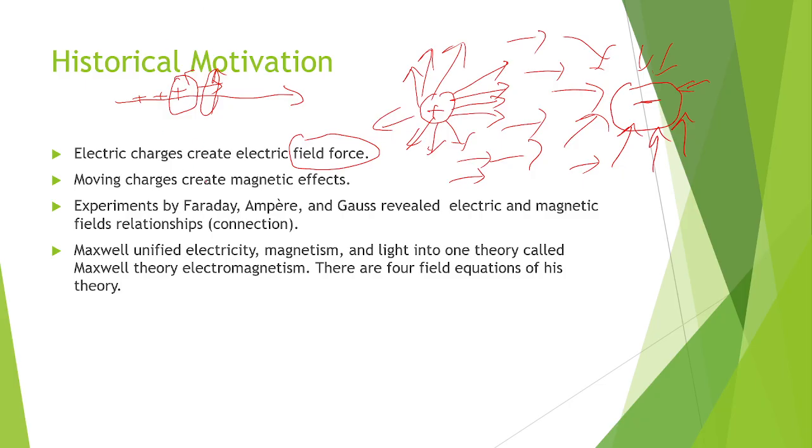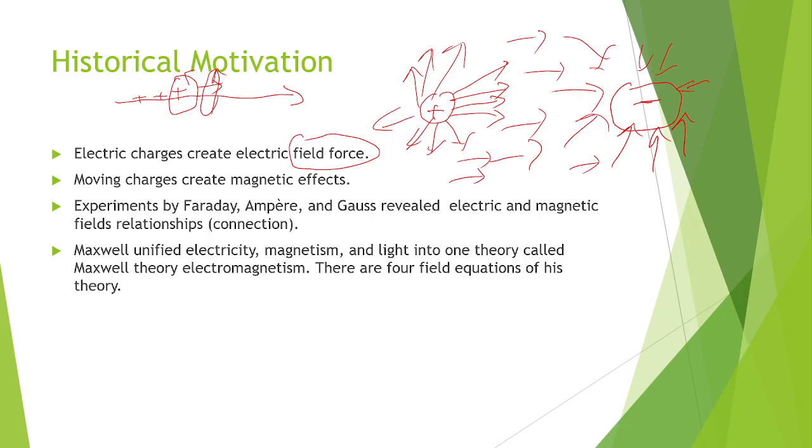What Maxwell did, Maxwell actually unified the concepts of Faraday, Ampere and Gauss. They gave a unified theory of electromagnetism and also light. So there are 4 Maxwell equations which unify electromagnetism, and we will discuss the derivation of those equations in detail in some video.